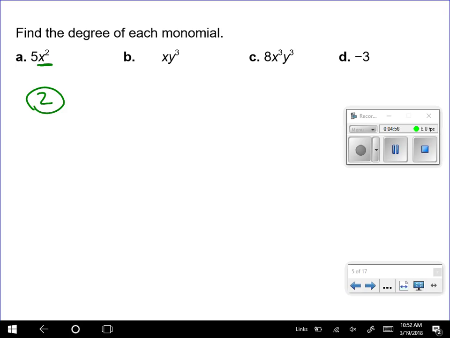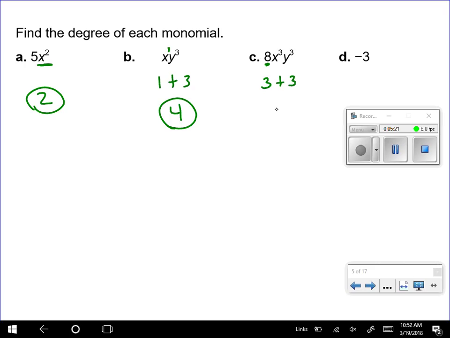In this case we have an x and a y. The x has an exponent of 1. The y has an exponent of 3. So you'd have to say 1 plus 3, so your degree would be 4. The constant doesn't have a degree, but your x does, and your y does.